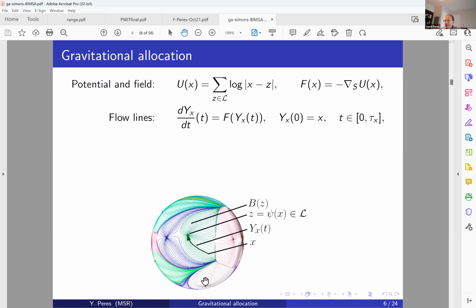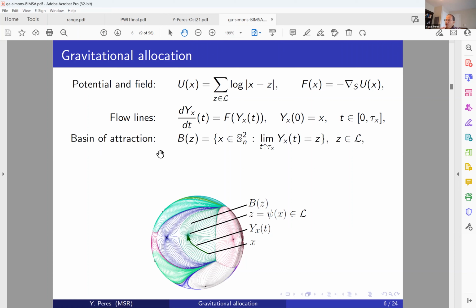All the stars act on x, and it moves with the velocity given by the total force. It will eventually converge to one of the stars with probability 1, so there's only a measure 0 of exceptions. What is remarkable about this scheme is that each of the territories has exactly the same area.